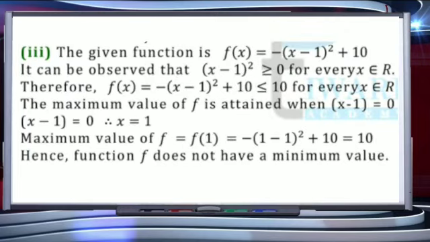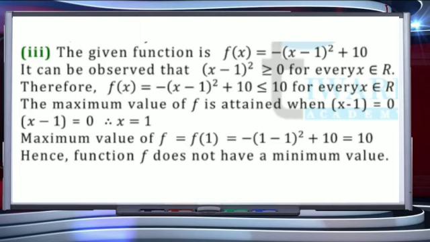Next, the third part of question number 1: here the function is given by minus (x minus 1) whole square plus 10. The whole square is always non-negative and the minus outside makes it always non-positive. Plus 10, the negative value can keep going down on and on, so my minimum value does not exist.